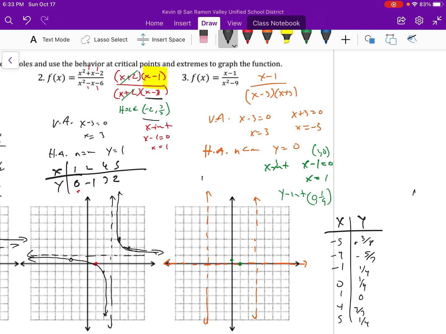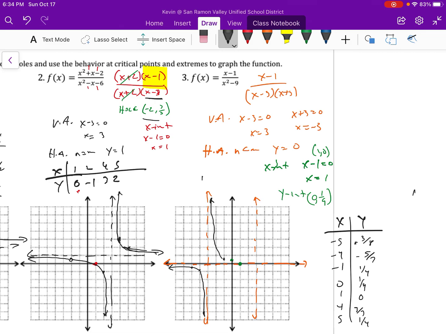Plug in these different 1, 2, 3, 4, 5. We have 3/8 down here. This is down here. Okay. And at negative 1, we had 1/4. That ninth was, so this looks like this.